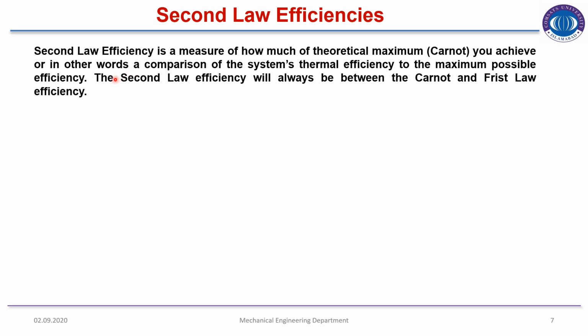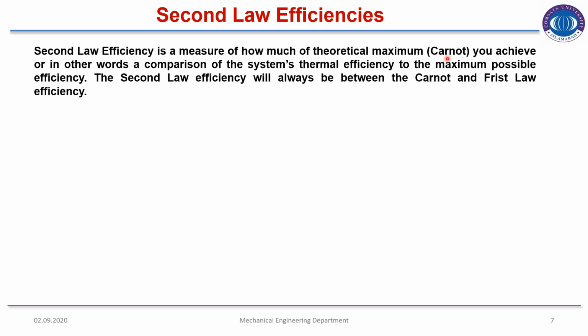You know that the Carnot cycle, the cyclic heat engine, we have already discussed. So we know that the Carnot cycle is based on 4 reversible processes, and the maximum thermal efficiency that can be achieved by any reversible heat engine can never be greater than the Carnot efficiency.